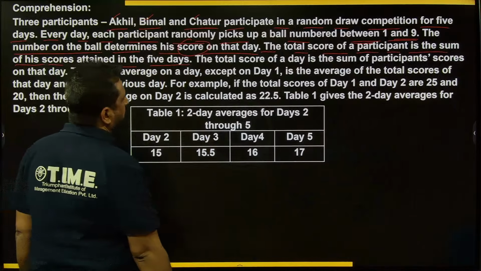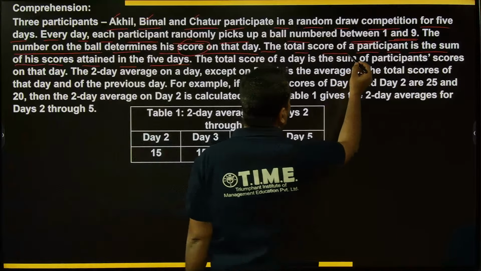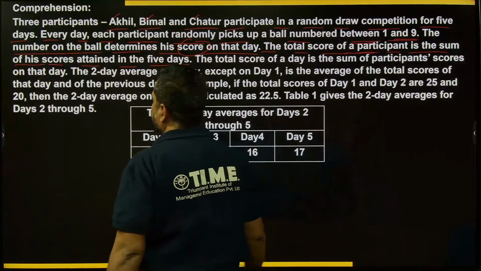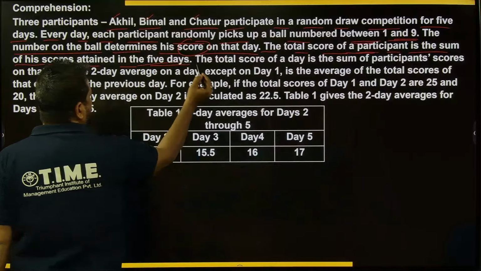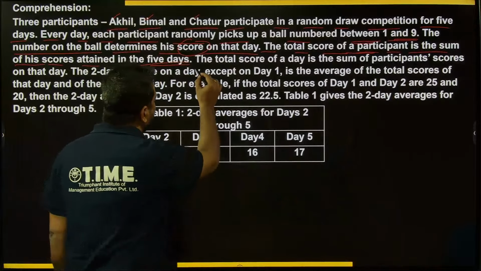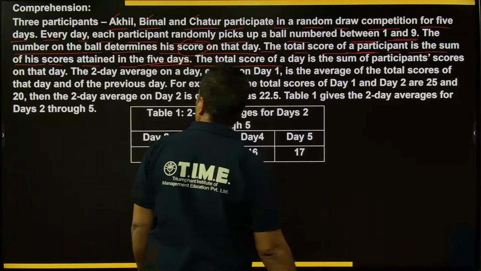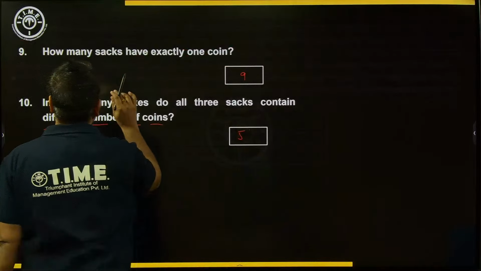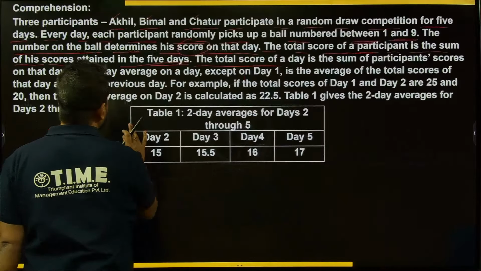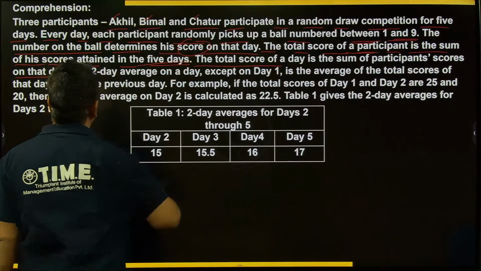Okay. The total score of any participant, that is ABC, that sum is considered as what? All 5 days score. Okay. The total score of a day is the sum of the participants' scores on that day. Okay. If I want to find out the day 1 score, it should be sum of ABC scores.